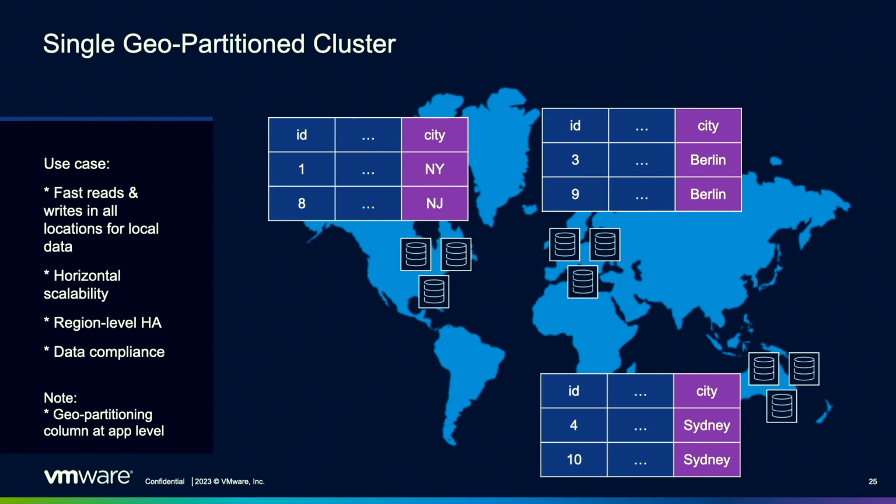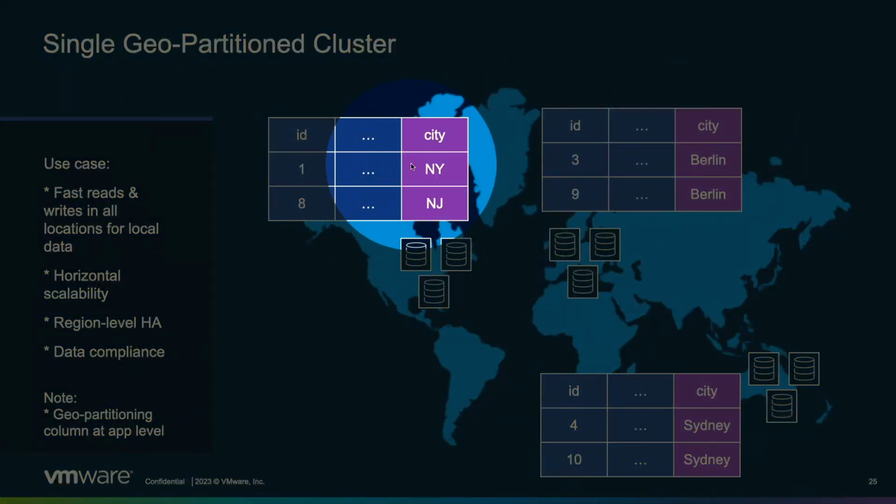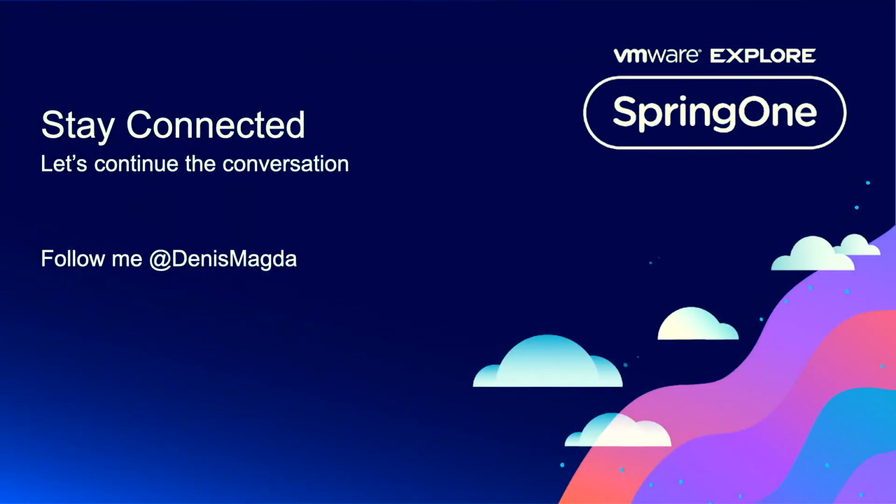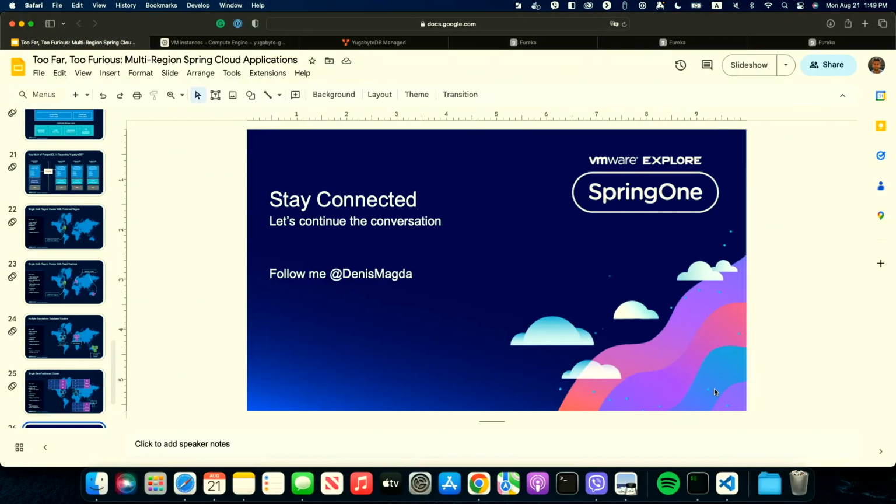For instance, for the global cluster, we are adding the city column, and if the record has the value New York or New Jersey, then this record will be automatically placed by the database and stored in this location in the United States. If, let's say, the city value is Sydney, then the database will automatically place or read the records from Sydney and not from the United States or another location, okay? So how does it work? Let's see. Yeah, that was the last slide.